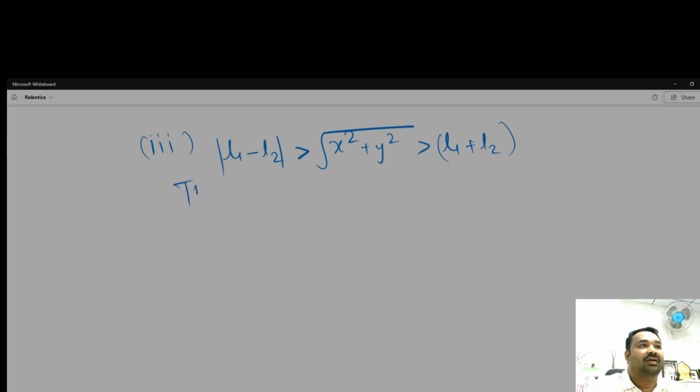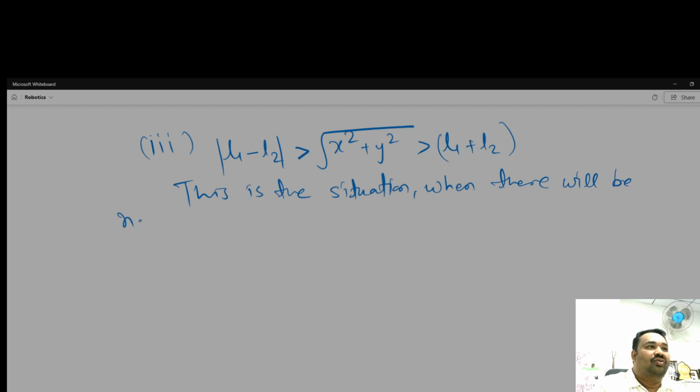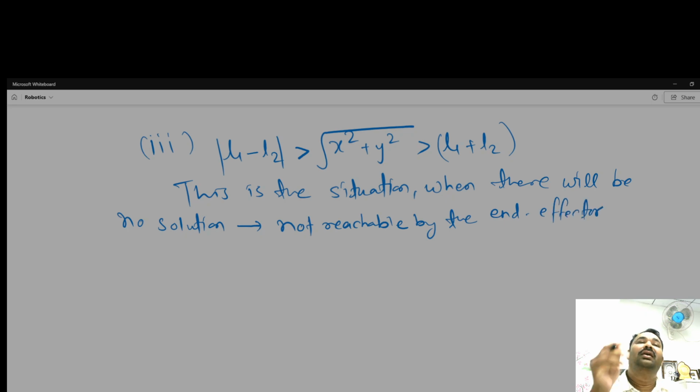This is the situation when there will be no solution. No solution means not reachable by the end effector. Where the robot cannot reach at all, how can any task be executed there?